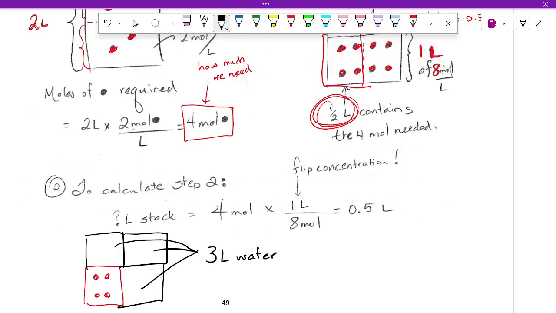Why is it 3? We're adding 3 liters of water. Oh no. 3 halves of liters, 1.5 liters. I'm so sorry. Thank you. You're adding 3 times 1/2 liters of water. In other words, 1.5 liters.